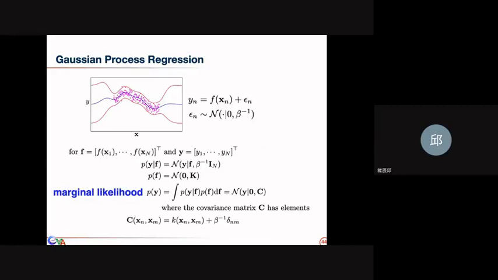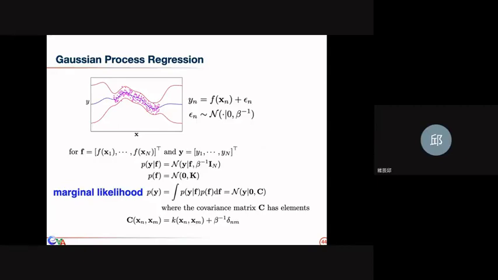So the P of y given f follows a Gaussian distribution, where the variance is related to your Gaussian noise.